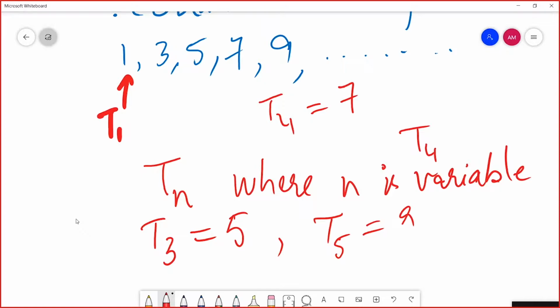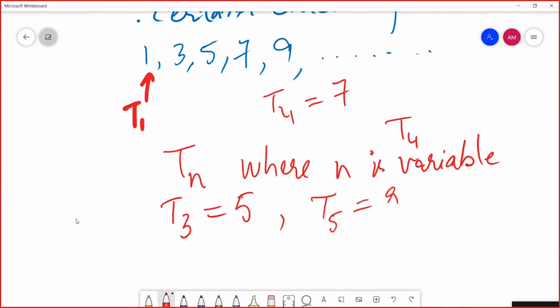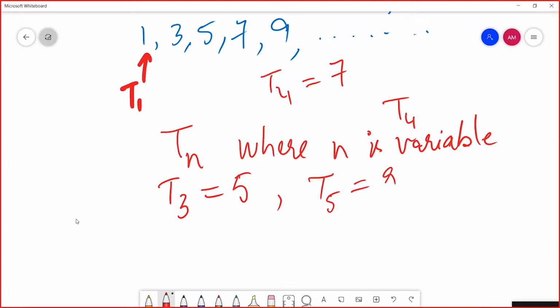This brings us to, we have seen that there is a rule. Can we find the rule here? Do you see some rule for this sequence? Tn plus 1 equals Tn plus 2.